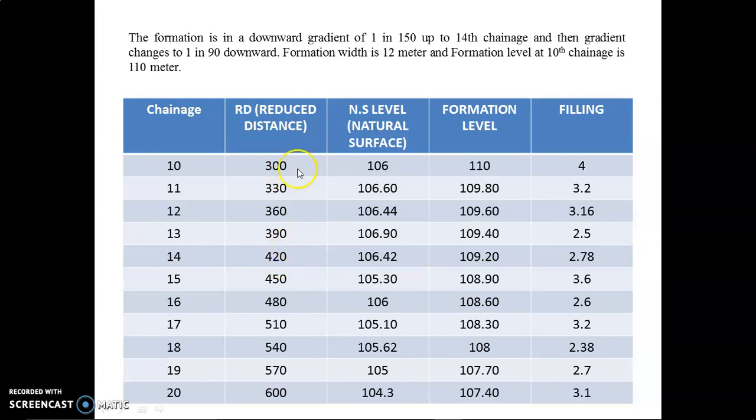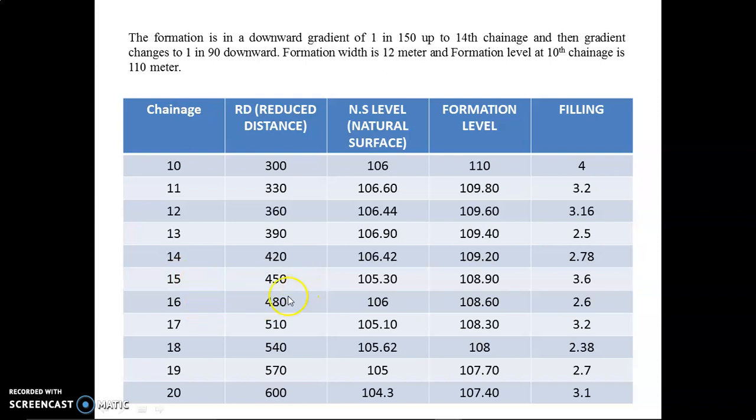Here we have 5 values, that's why we divide 1 by 5. So we get 0.20. So we have to reduce by 0.20 from 110. We have chainage 10 as 110, after that we reduce 0.20, 0.20, 0.20 up to 109.20.